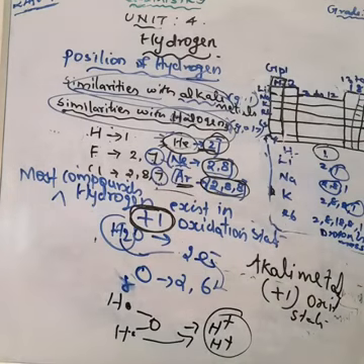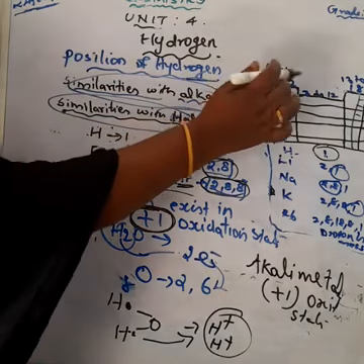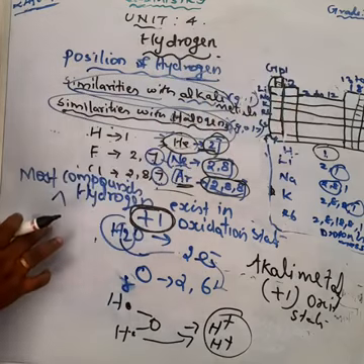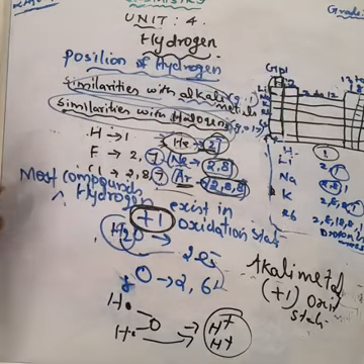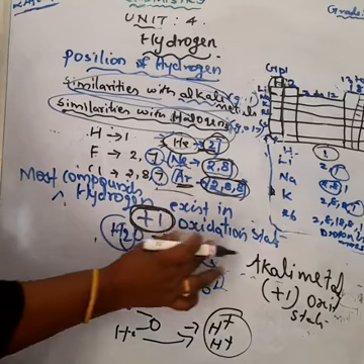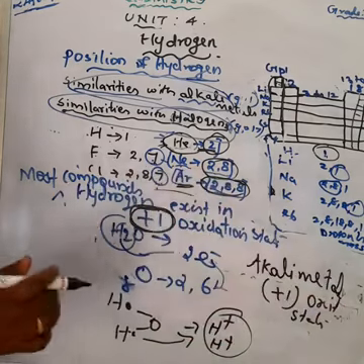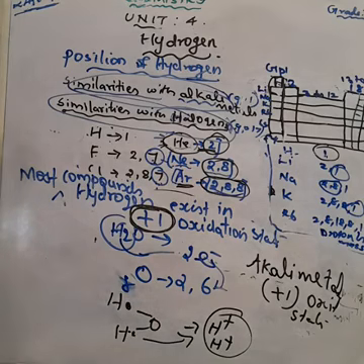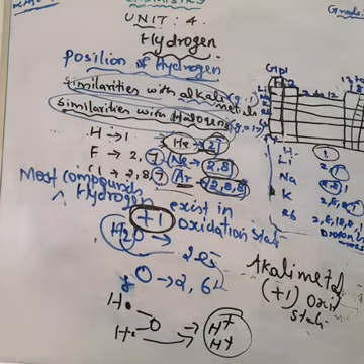What is the main reason to place the hydrogen atom in group 1 along with alkali metals? Because in most of its compounds hydrogen exists in the +1 oxidation state, like group 1 alkali metals. Understood? These are about the position of hydrogen in the periodic table.